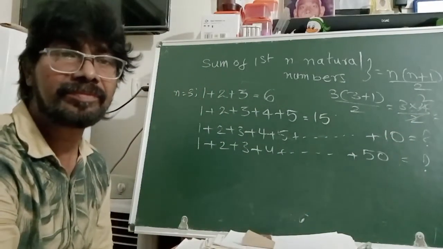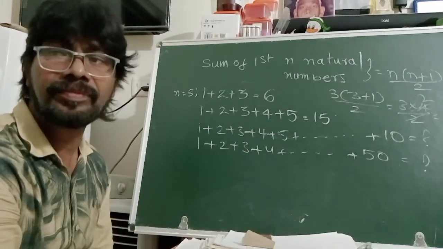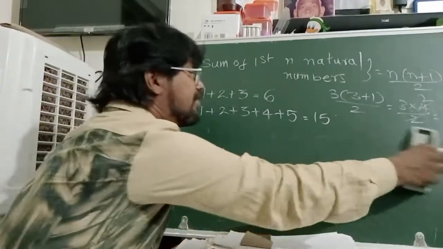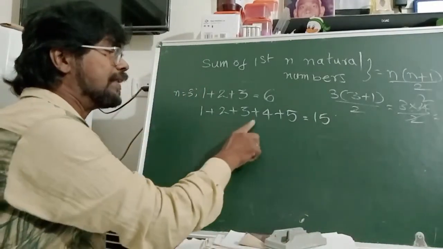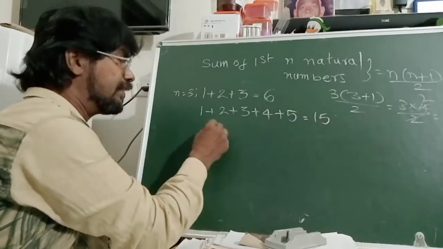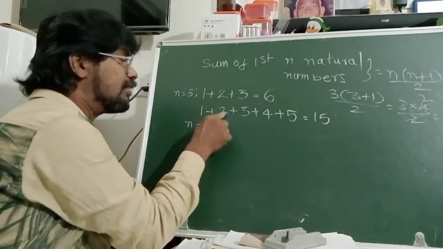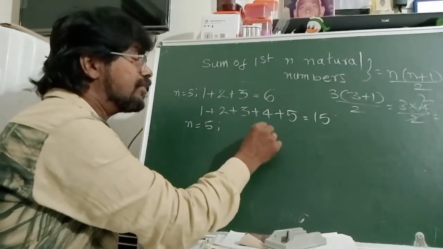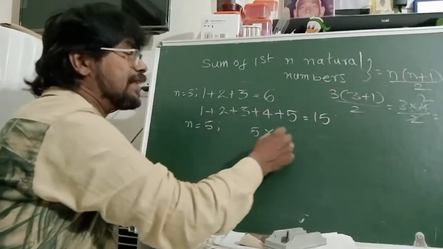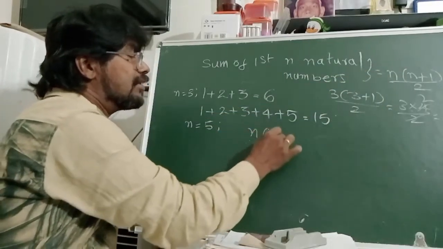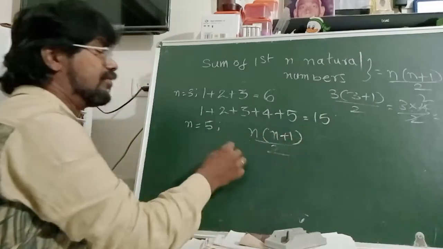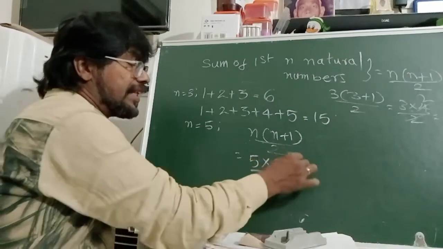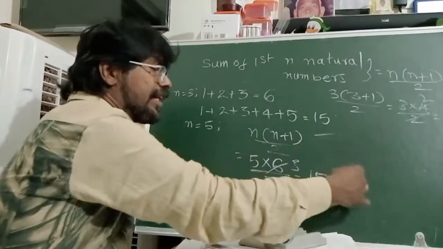Next, 1 plus 2 plus 3 plus 4 plus 5, which is 15. Here n is equal to 5, the first 5 natural numbers. So 5 into 5 plus 1 by 2, that is 5 into 6 by 2, 3 times 5 is 15. Okay, this is correct.